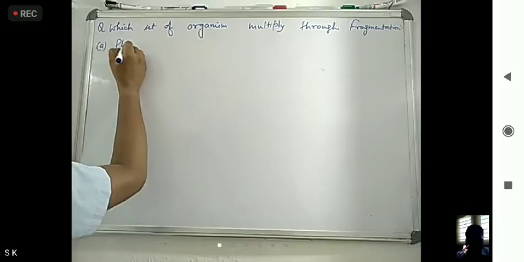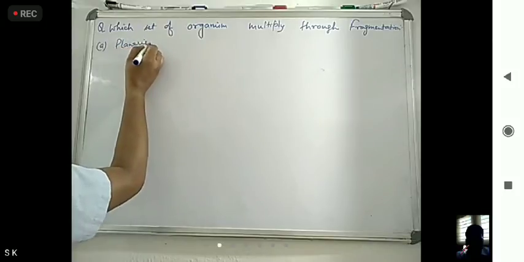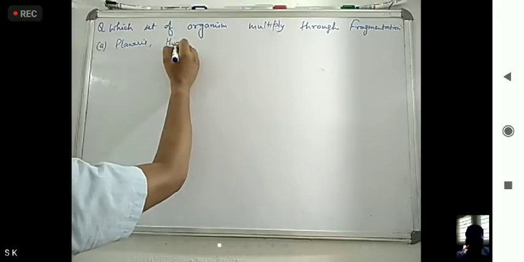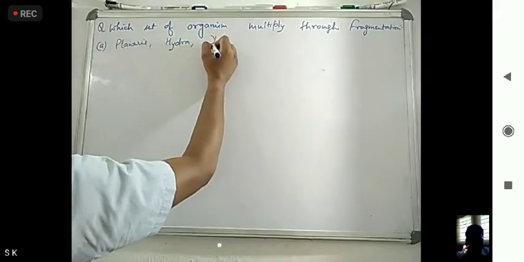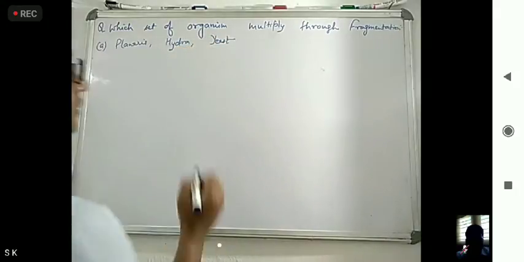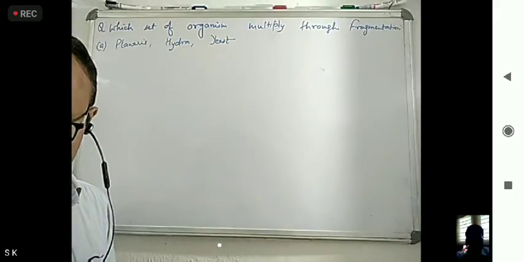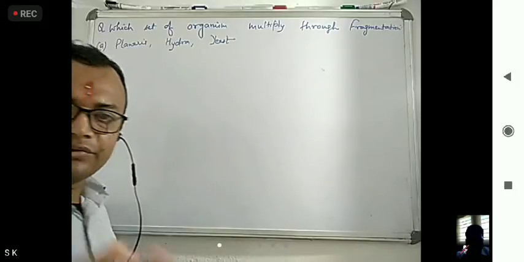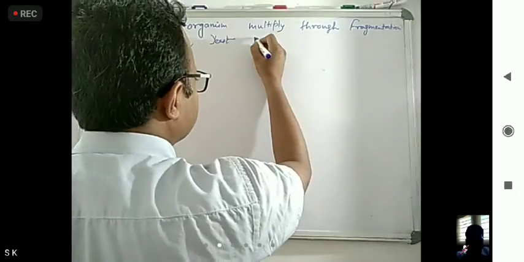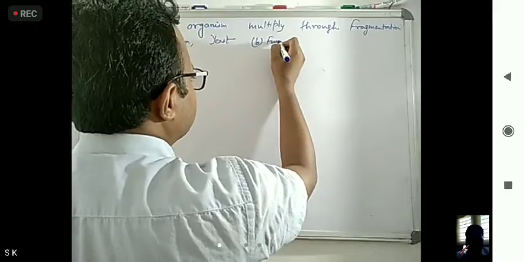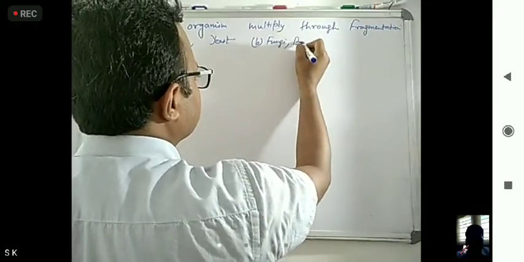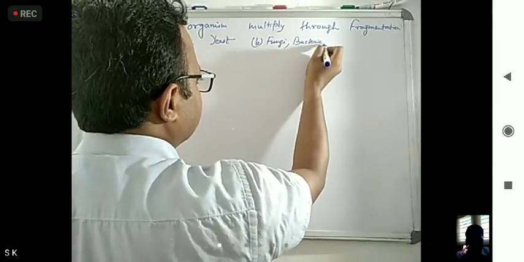First is planaria, hydra, yeast. Okay, next is echinodermis, fungi, bacteria.